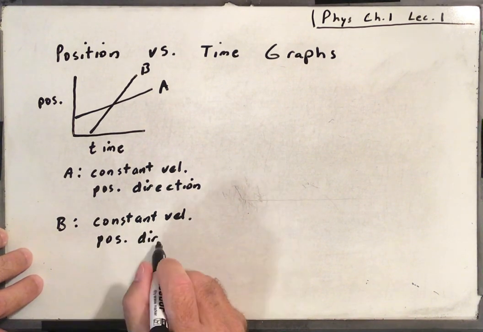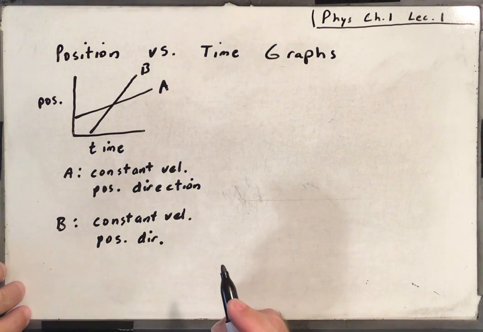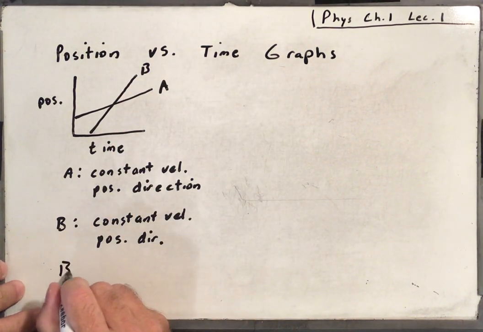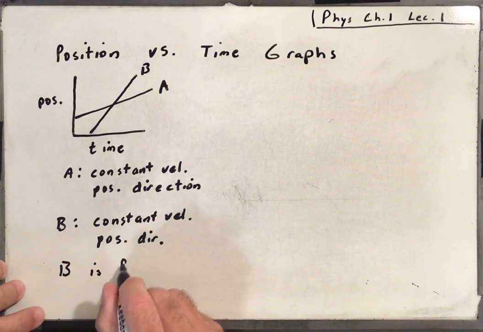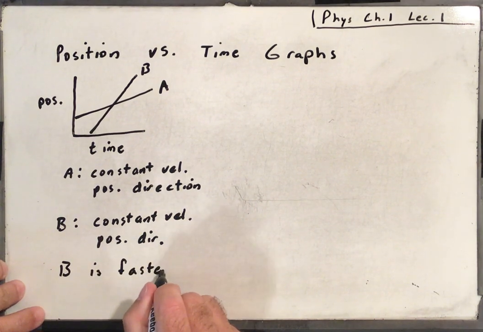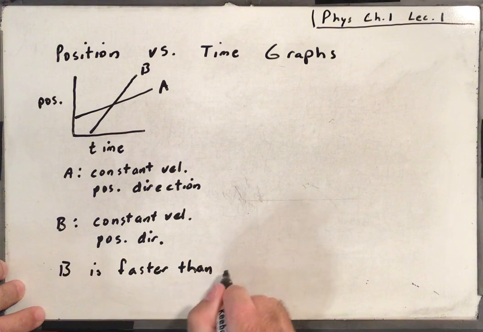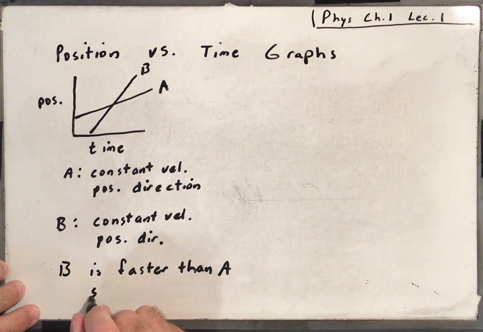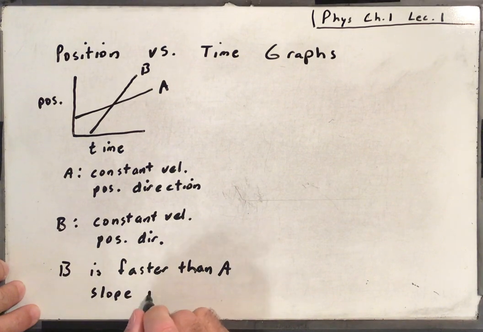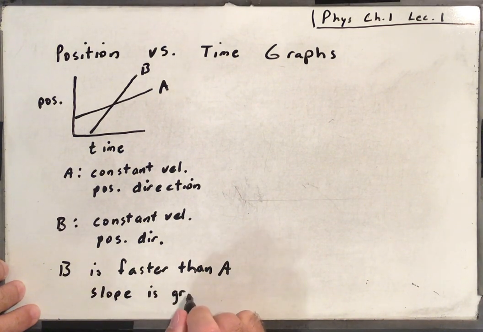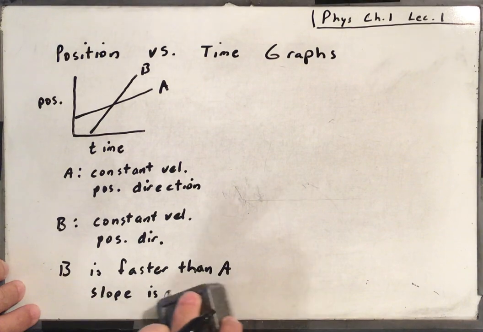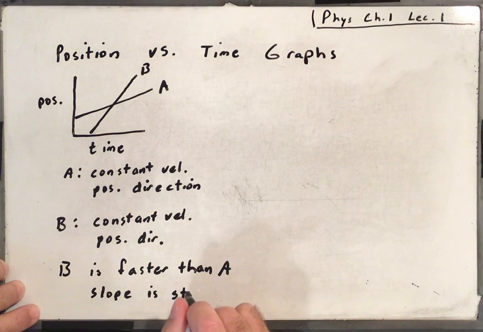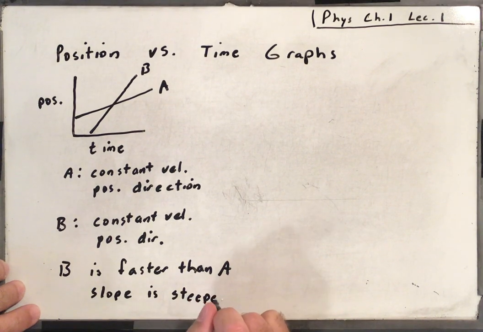Now, which one is moving faster? All right, it is B. B has a greater slope, so B is faster than A, because the slope is greater. Or steeper. In fact, I want to use the word steeper because when it's in the negative direction, that'll make more sense.